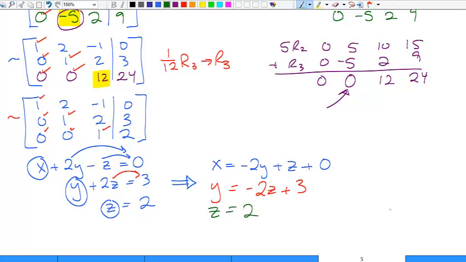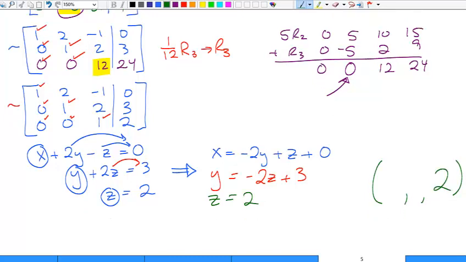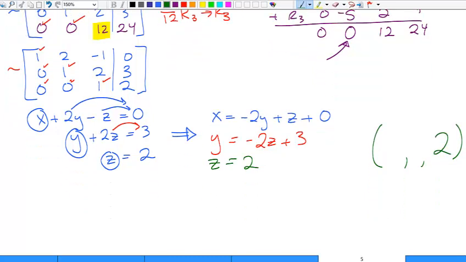So my solution already has a z. Z is 2. In order to find out what the y and the x are, I'm going to plug the z into the second equation to solve for y. So I have y equals negative 2 times z, but z is 2, plus 3. So that gives me y is equal to negative 4 plus 3, or negative 1.